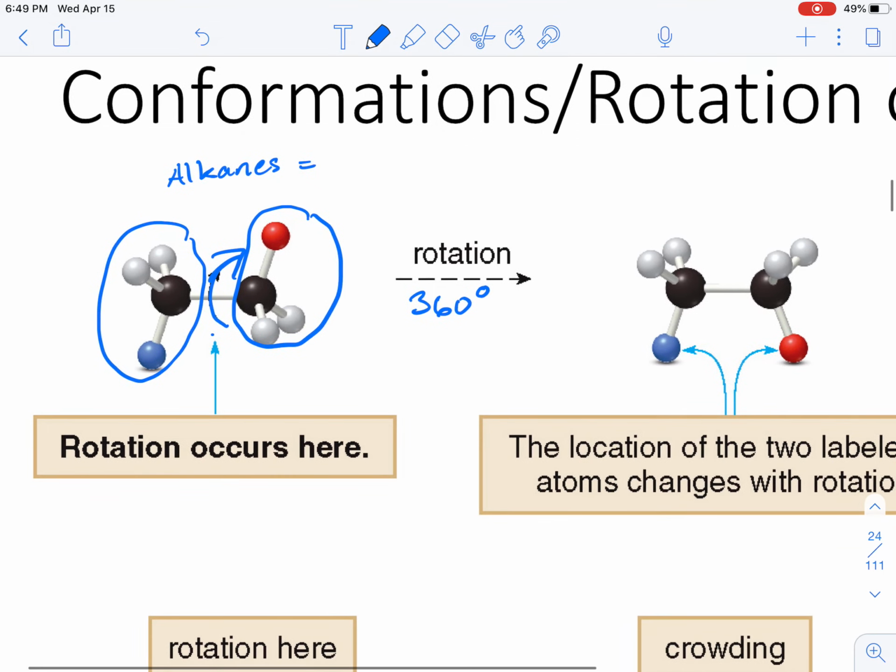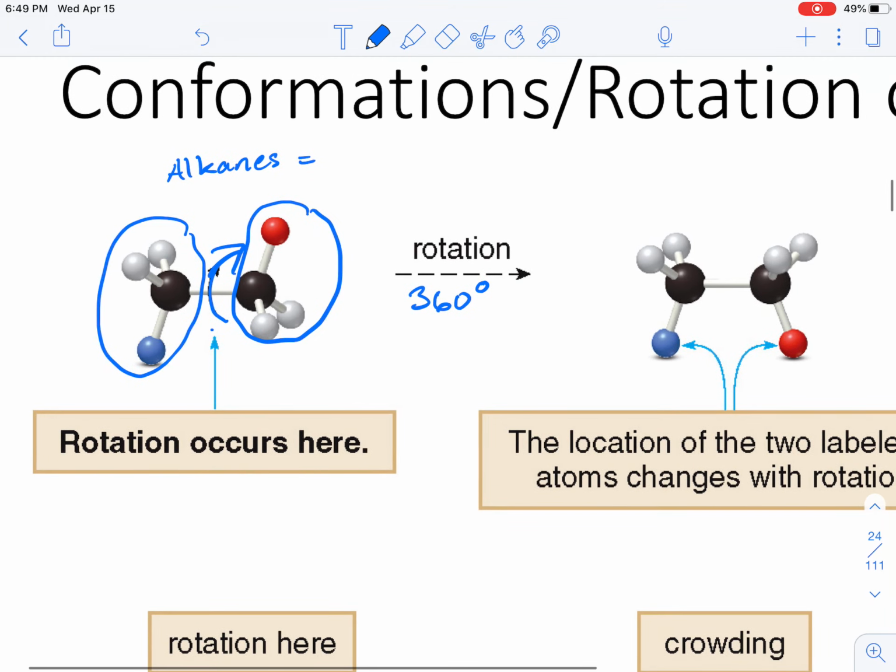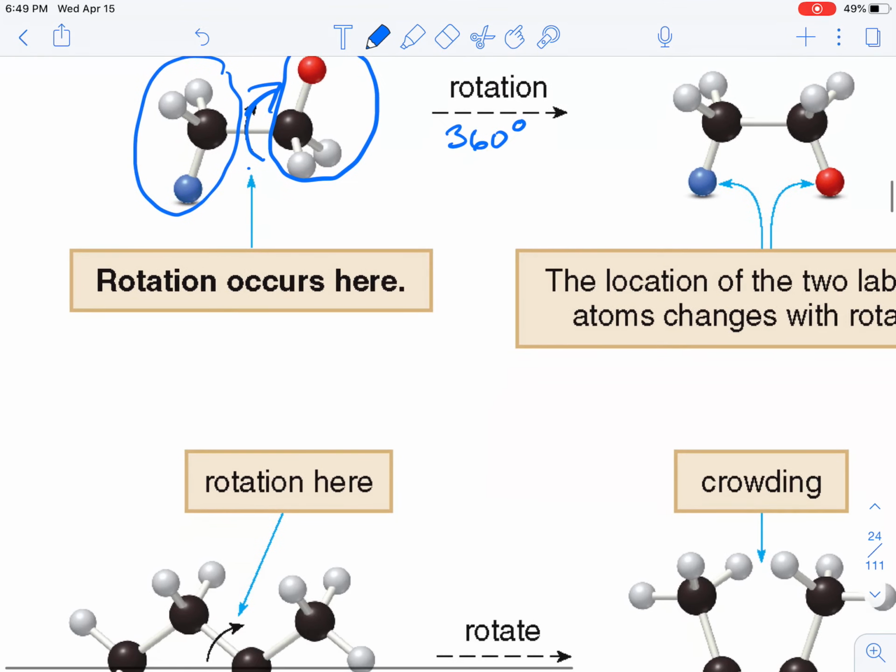Now, sometimes, depending on the bulkiness of your organic compound, if you have a single bond, it's not a full 360 just because there's something called steric strain.